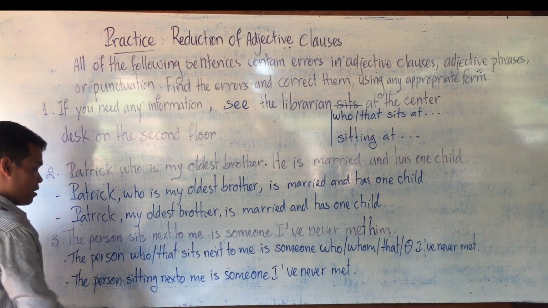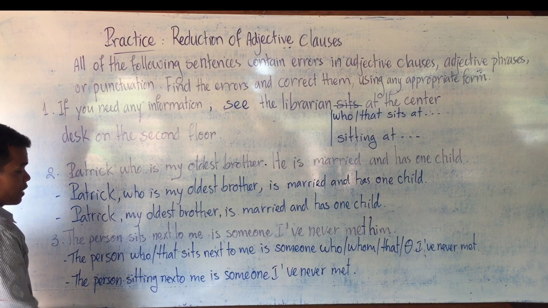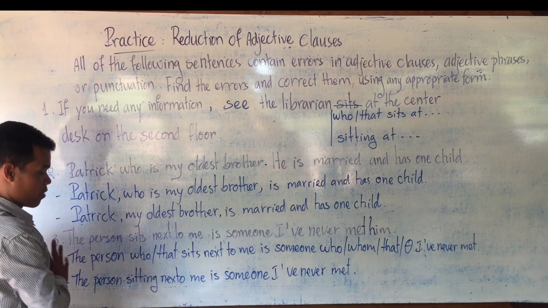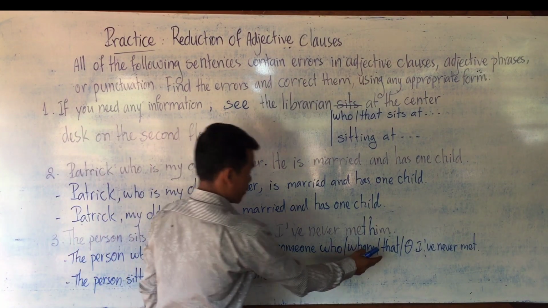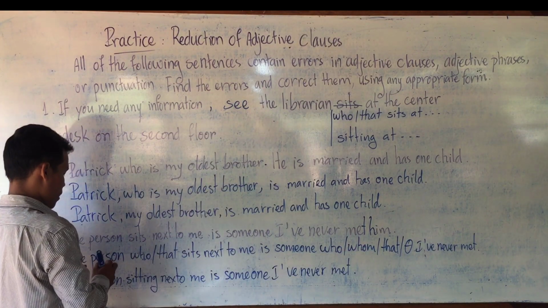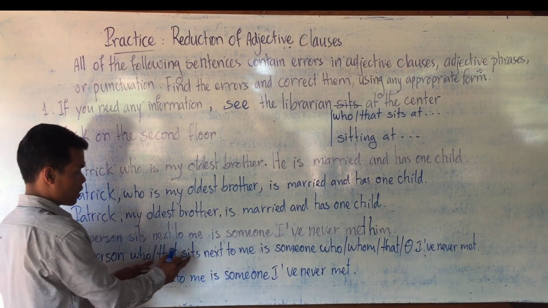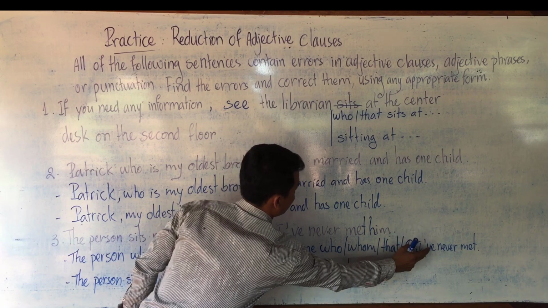The question is, of these two, which one is more formal? As we know, when we use that, it's not formal at all. That is informal. When we use we here, also informal. So the best answer is that we only use: the person who sits next to me is someone whom I've never met.